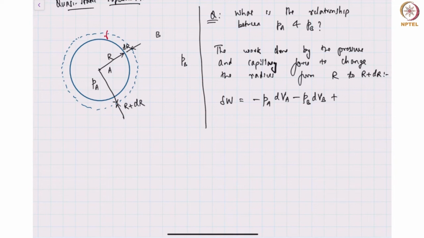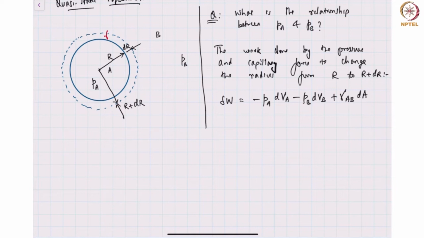There's a force because of capillary forces, which you can call gamma AB times the change in the area. Remember, we've seen that the work done would be equal to the change in the free energy, and this would be directly related to surface tension times the change in the area. So this is my expression for the mechanical work done.